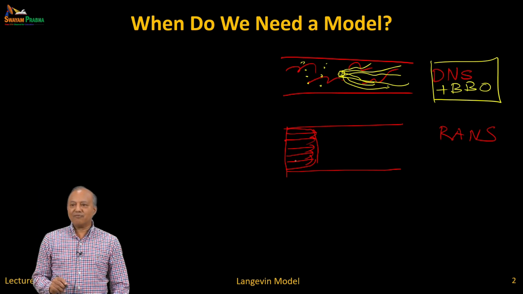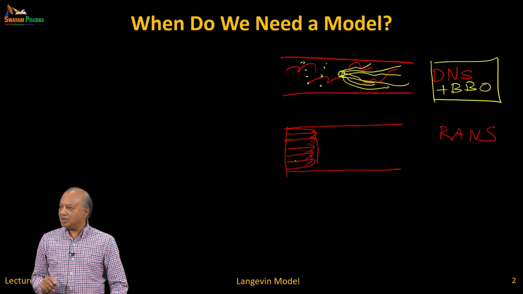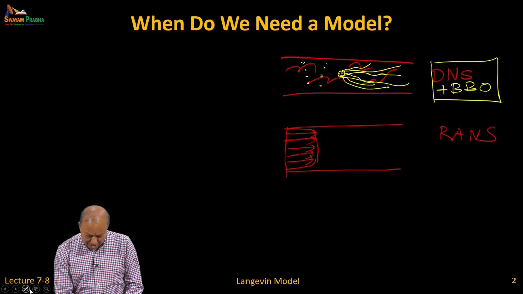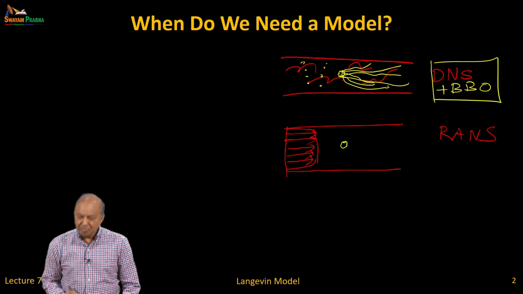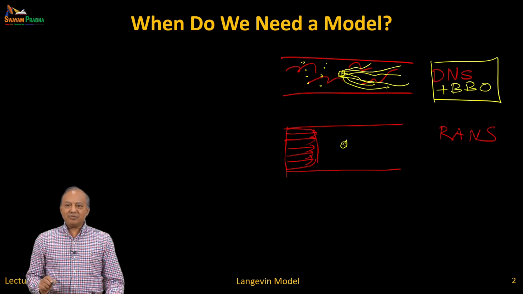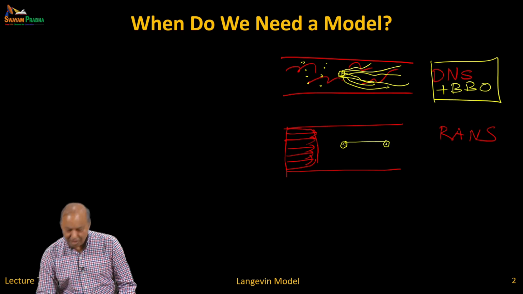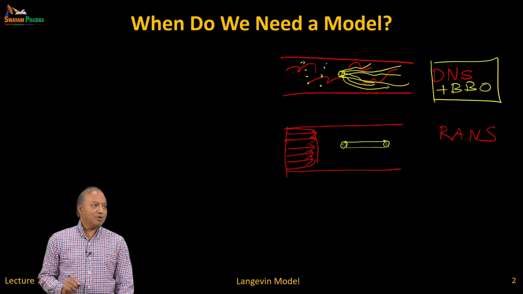So you got the mean flow really accurately. You got your k, you got your epsilon, all those things. But imagine that you are releasing the particles here. I don't have to say much. A little later it will just go here. That's not satisfactory, right? So we really need to know.